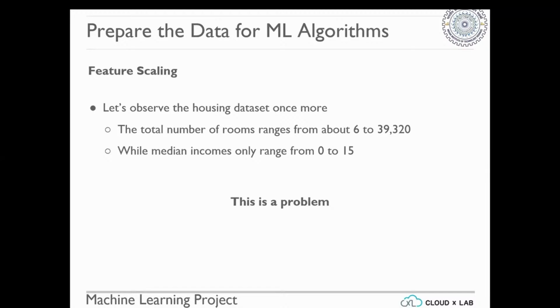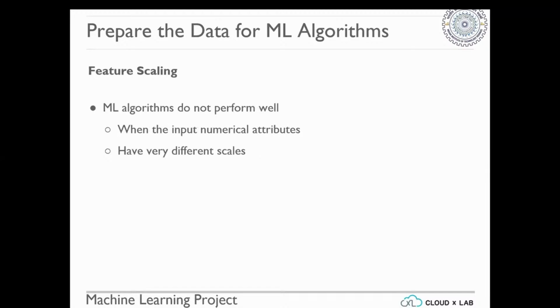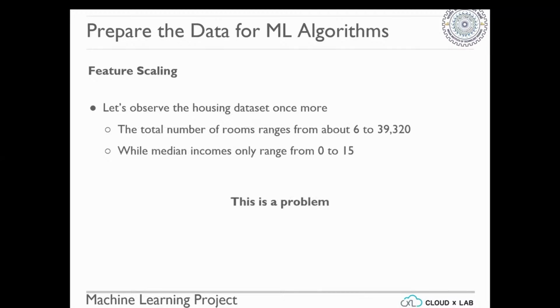Okay, now how can we apply feature scaling? We have different methods, but the goal here is to put the median income and the total number of rooms on the same scale.